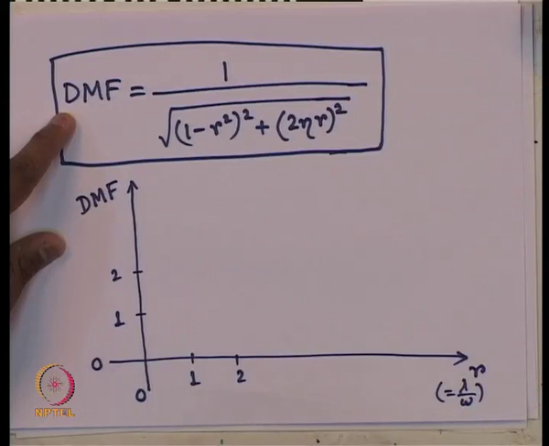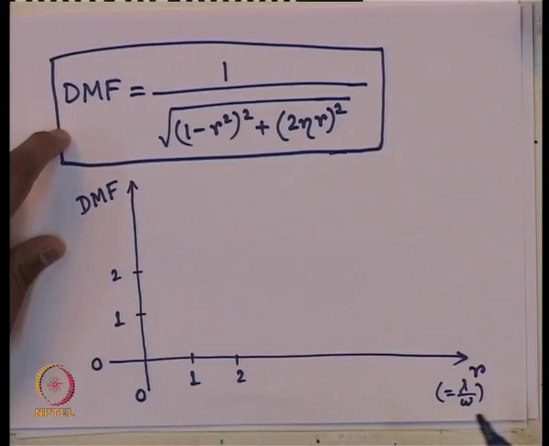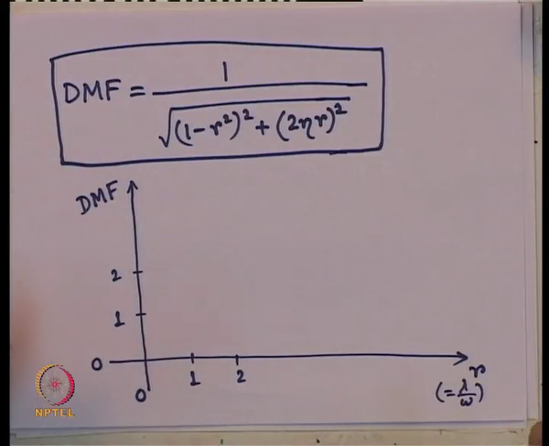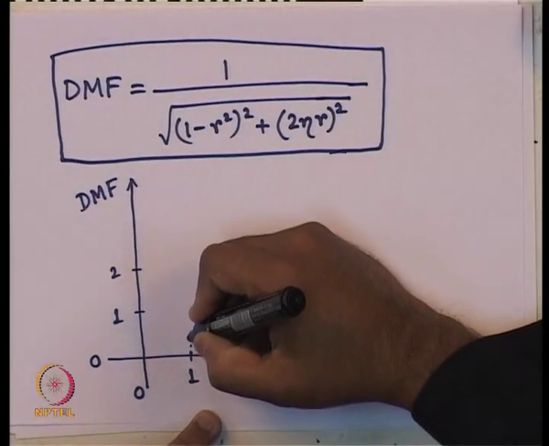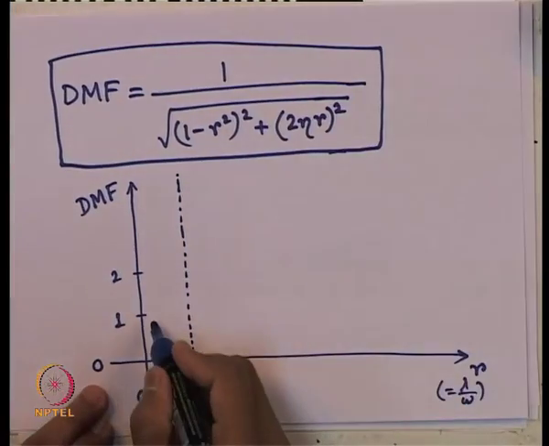The possibility of r equals 0 means lambda is 0. That means, there is no externally applied dynamic load. So, for that case, how much will be the displacement for the system? It should be nothing but the static displacement. That is why we are getting the DMF equals 1. So, that is the physical significance which we have understood. Let us draw certain lines here, it will be easy for us later on.